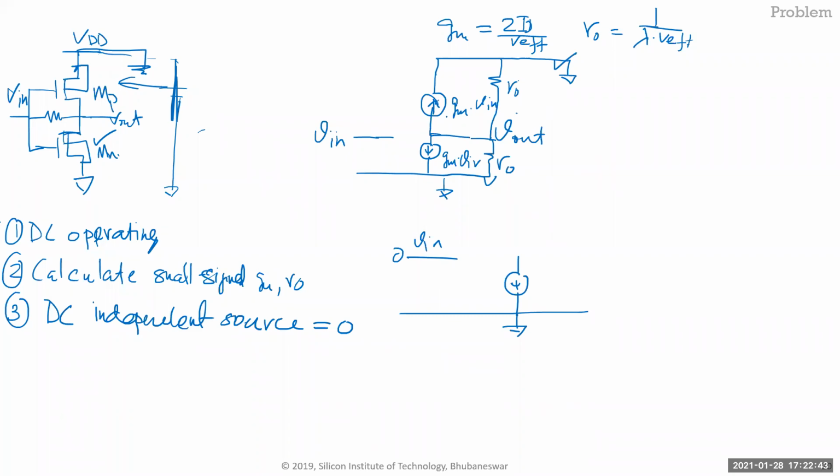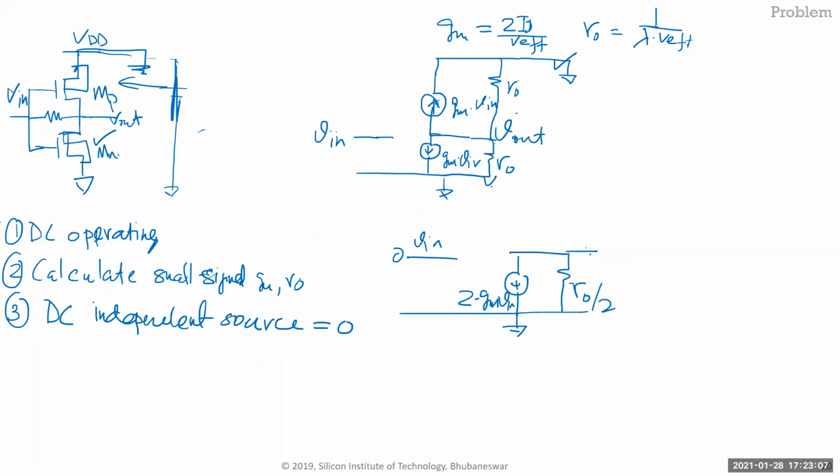You have another GM V in going from the same point, V out, to ground as well. So I don't have to do it twice. I'll just do 2 times GM V in, right? Same thing. I have an R naught going from V out to ground. I also have another R naught, but that means there are 2 R naughts in parallel. So that means R naught by 2.